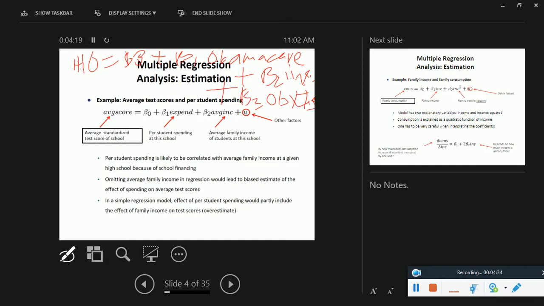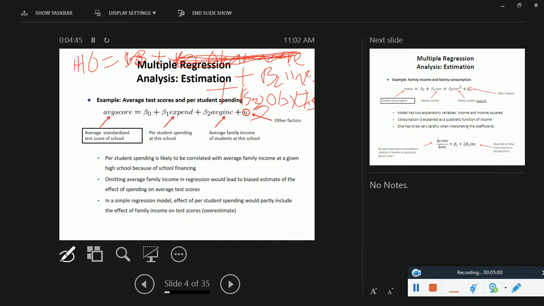When people did not take Obamacare, the beta 1 coefficient would disappear, right? If Obamacare is 0, what would happen to the beta 3 term? The beta 3 term would also disappear because Obamacare is 0.